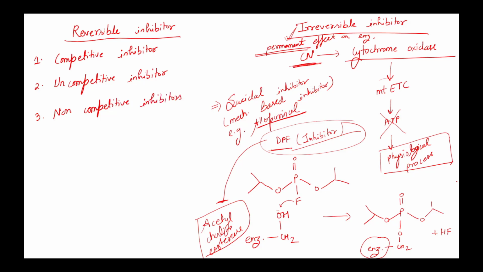Okay. So in competitive inhibition, we have an inhibitor which competes for the active site of the enzyme. We know that the enzyme has an active site where the substrate will go and bind.